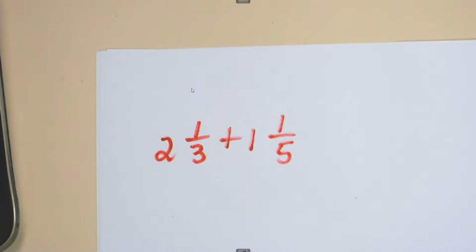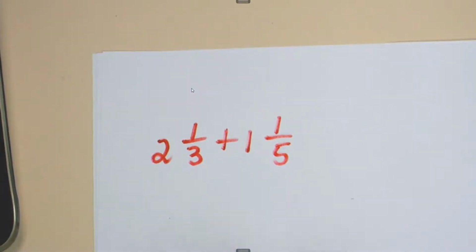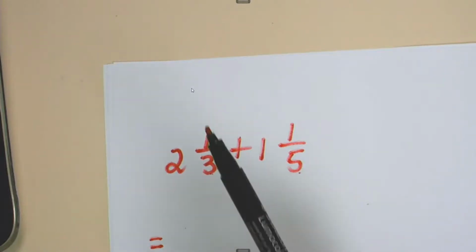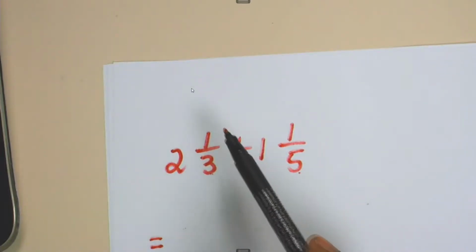Remember, guys, the denominators are not the same, and these are mixed numbers. Rule number 1, your mission is to make these improper fractions.